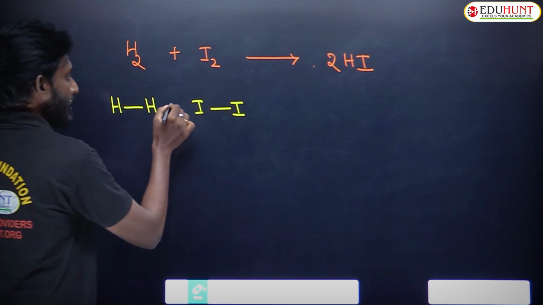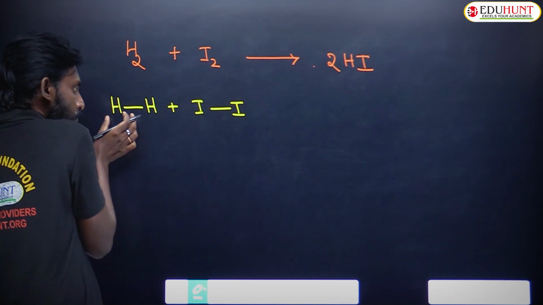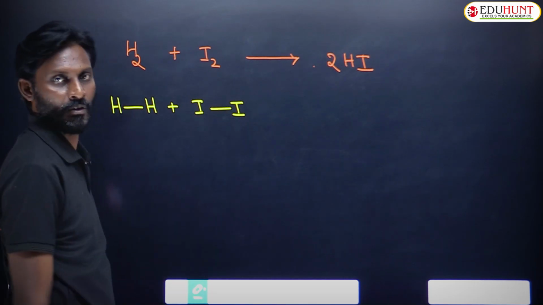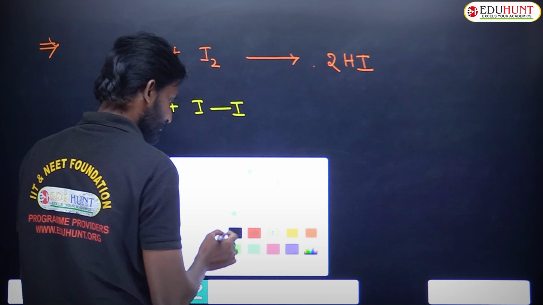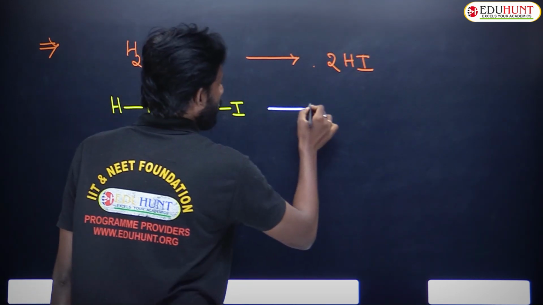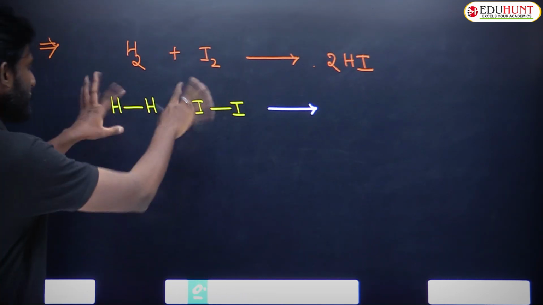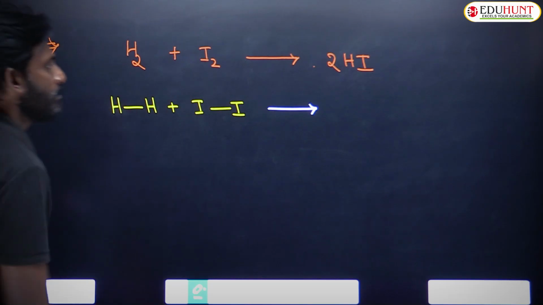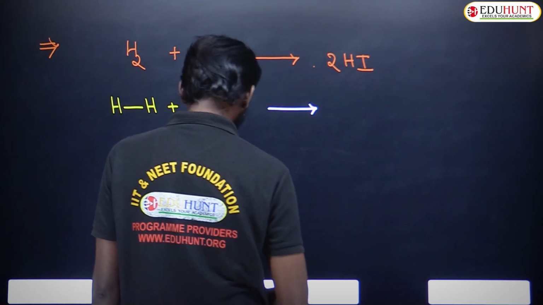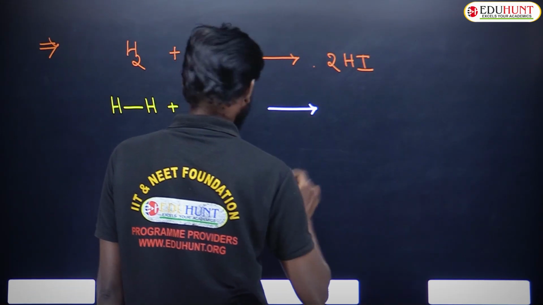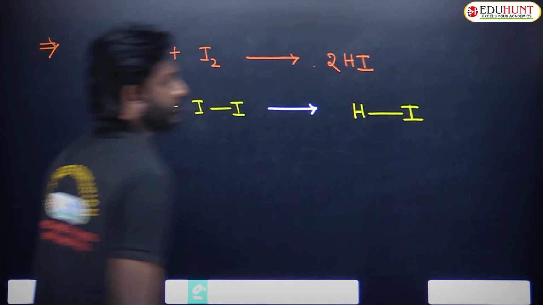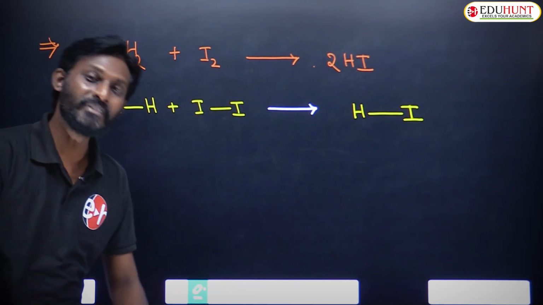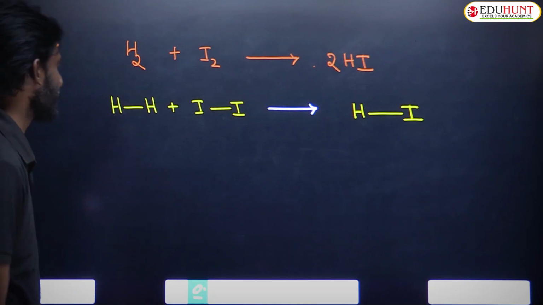Between them I am taking plus: H2 plus I2. Now making an arrow mark. Now, leaving it to your imagination, there is something happening here to give a particular compound, HI. Now you guess something. What happened here?